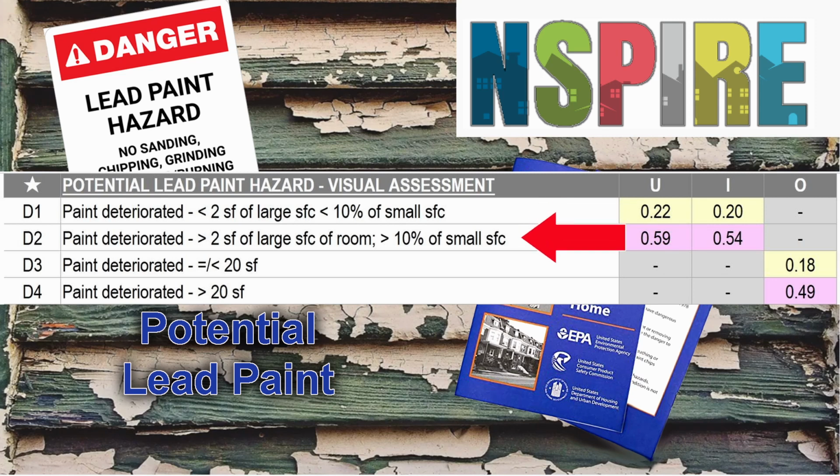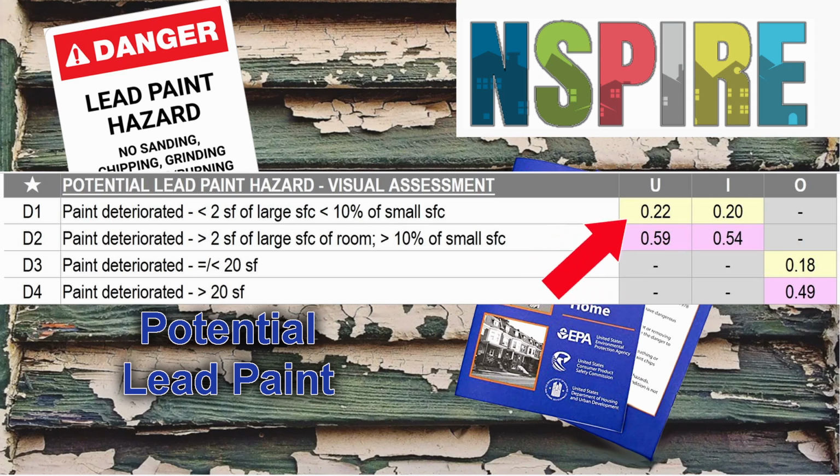Deficiency 2 is when it's more than 2 square feet of larger surfaces like walls, ceilings, or more than 10% of small surfaces, again, like moldings and window frames. Our two outside deficiencies, deficiency 3, paint is deteriorated and it's equal to or less than 20 square feet of deteriorated paint. Deficiency 4 is when it's more than 20 square feet of deteriorated paint.